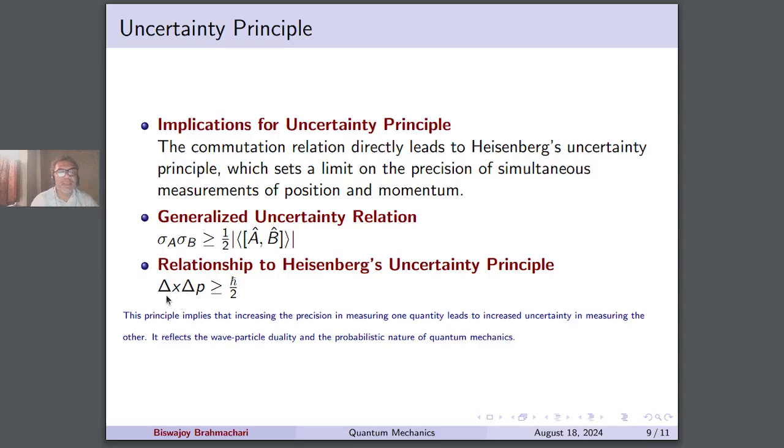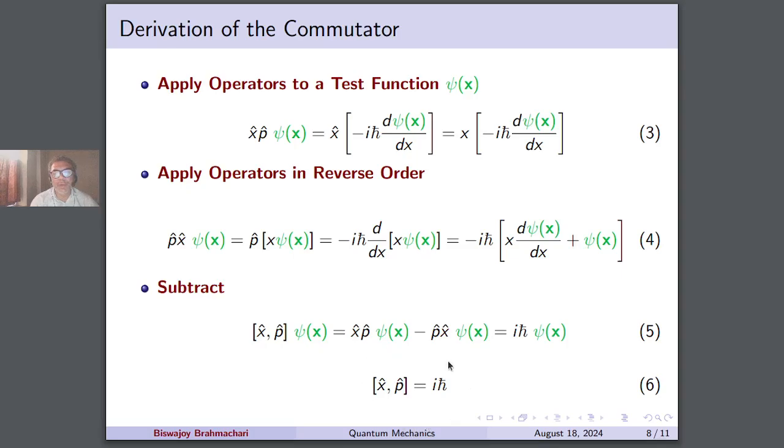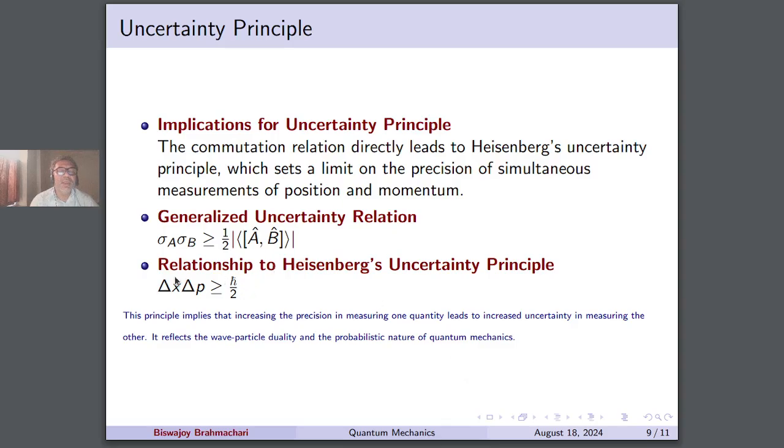So we get delta x delta p greater than or equal to ħ by 2. That means the commutator which we have obtained here is linked with the uncertainty principle. Delta x delta p greater than or equal to ħ by 2. So this principle implies that increasing the precision in measuring one quantity leads to increased uncertainty in measuring the other, and it reflects the wave-particle duality and probabilistic nature of quantum mechanics.